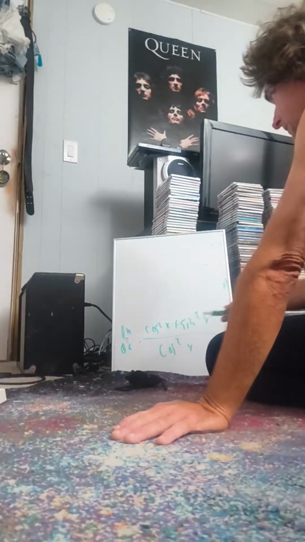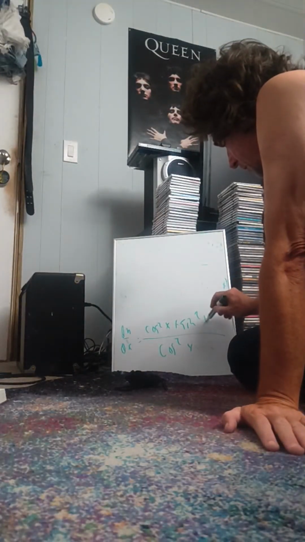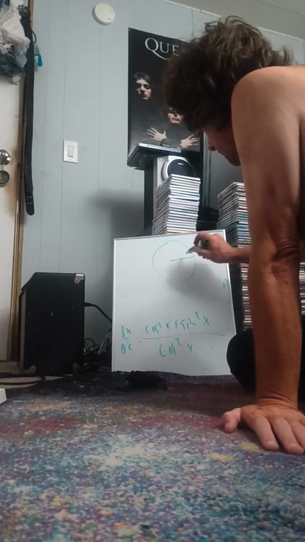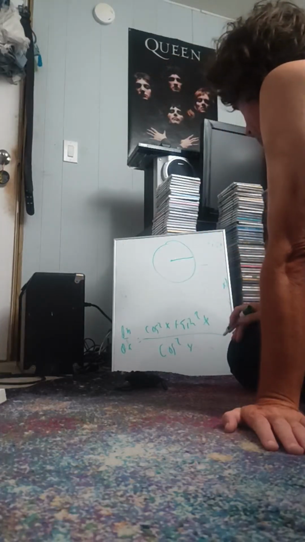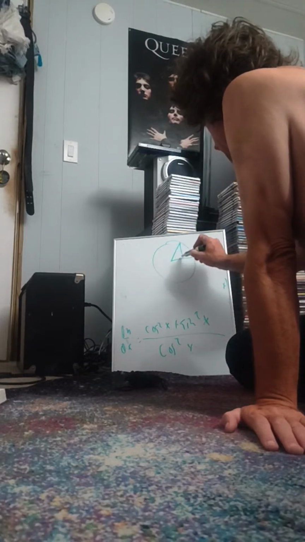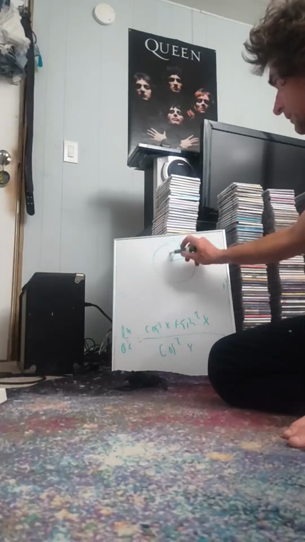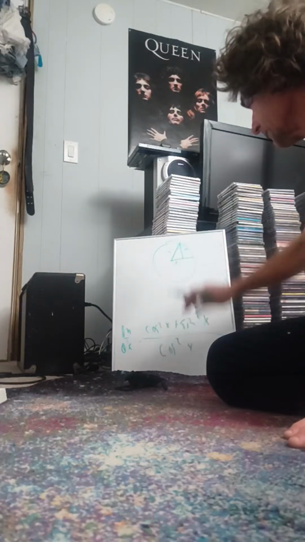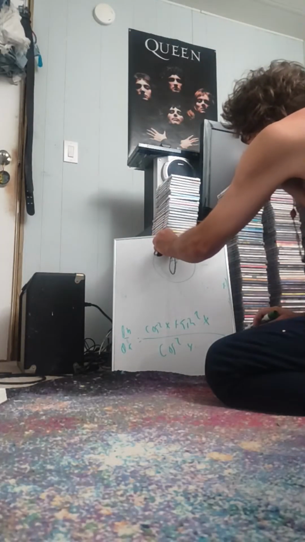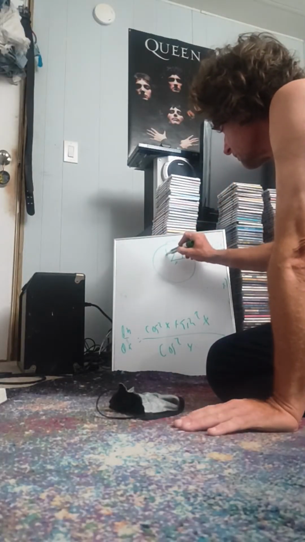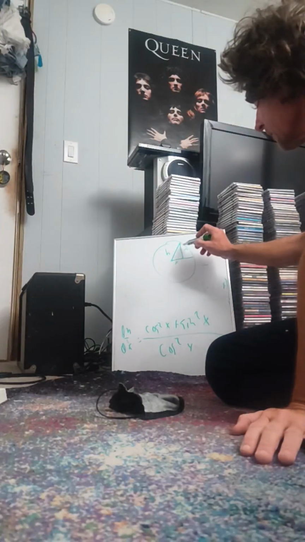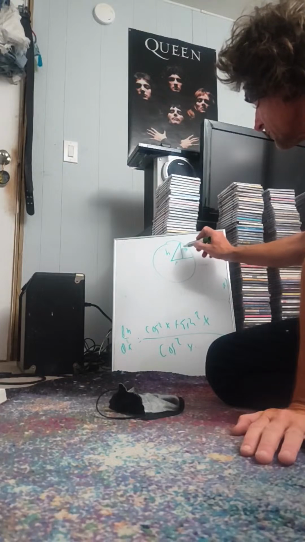So what is cosine squared x plus sine squared x? Well, in a circle, you have a hypotenuse here, and then you got x, y, and I will call this h.